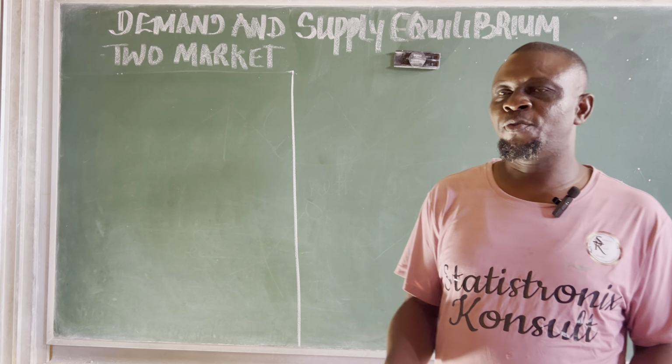Okay, now the question is to calculate the equilibrium price and quantities in the two markets. Compute the quantity demanded in the first market, the quantity supply in the first market, quantity demanded in the second market, and also quantity supply in the second market. Now to do that, we'll start by looking for equilibrium in the first market.